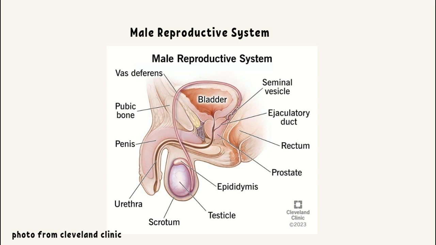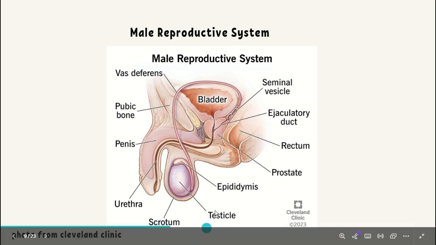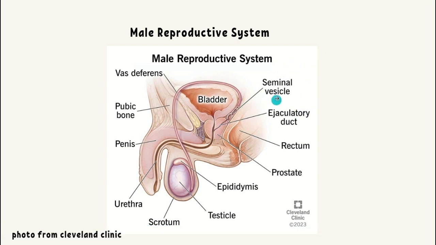Like the vas deferens, the urethra, testicles, scrotum, epididymis, the seminal vesicles, ensure you know the function. So the seminal vesicle makes up semen essentially.